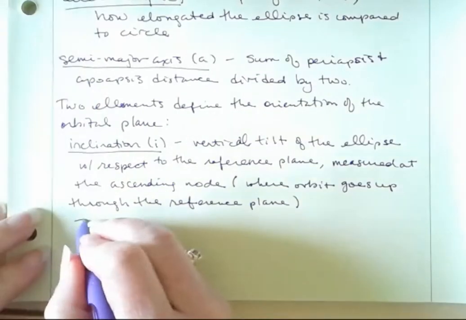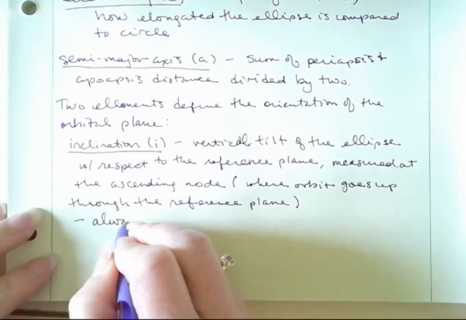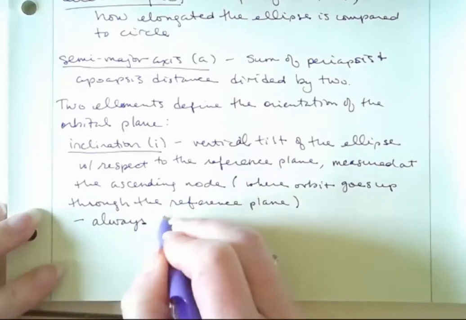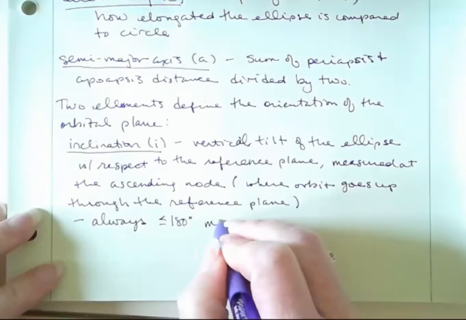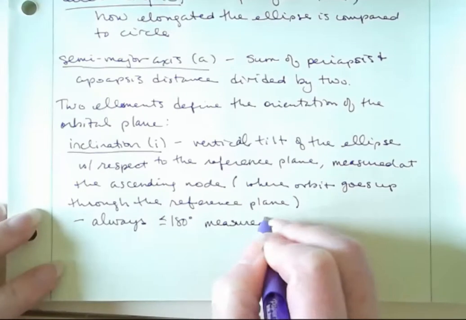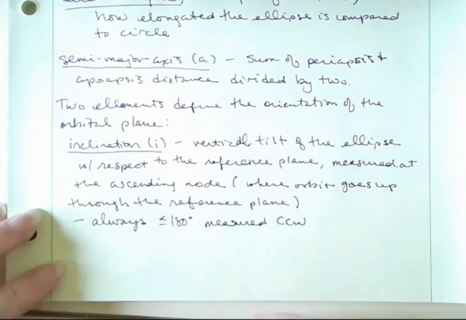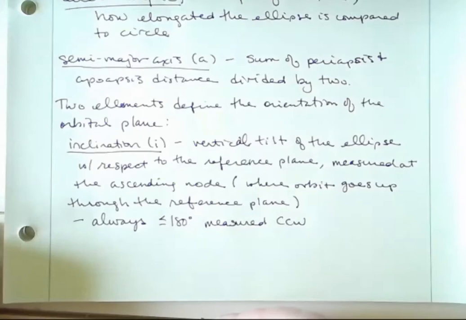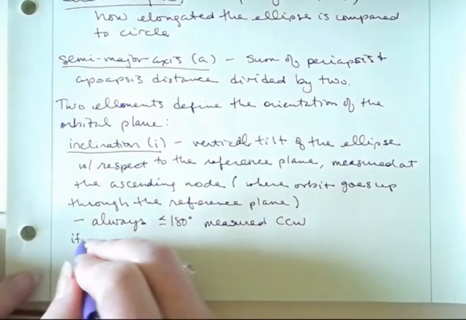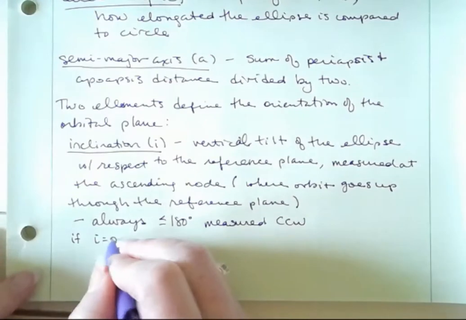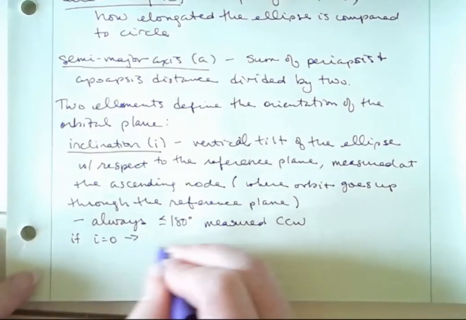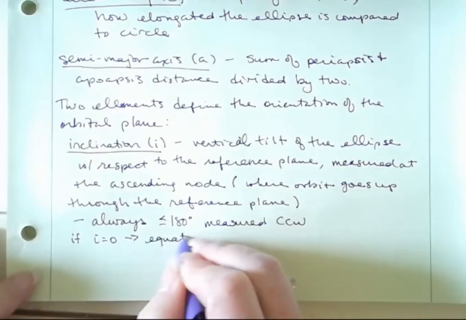Now an important thing to remember about this angle: it is always going to be less than or equal to 180 degrees, and it's always going to be measured counterclockwise. And there are a few terms for some of the special cases here. If your inclination is 0, that means you have an equatorial orbit.